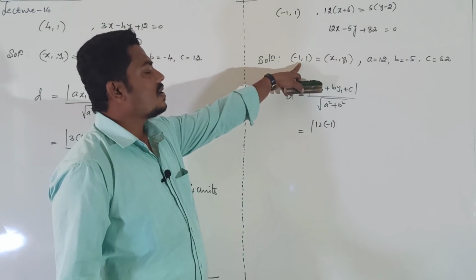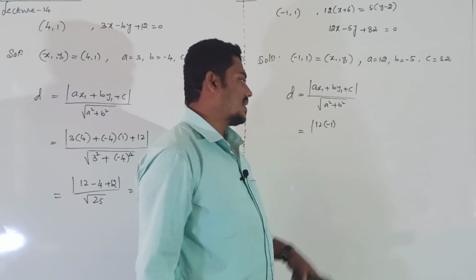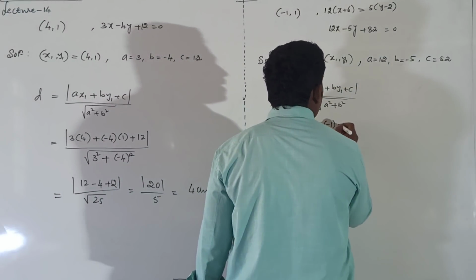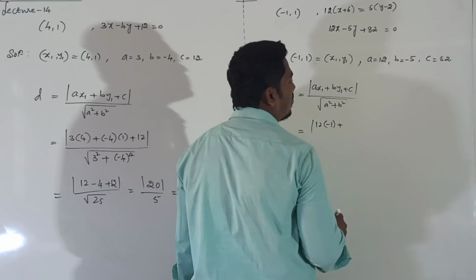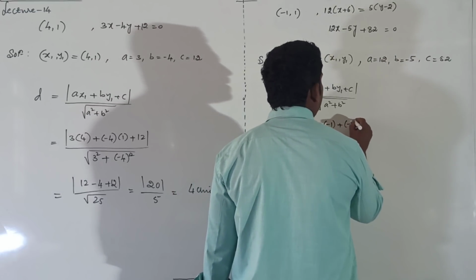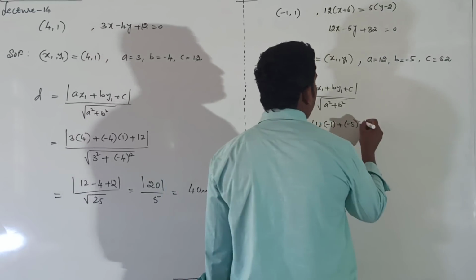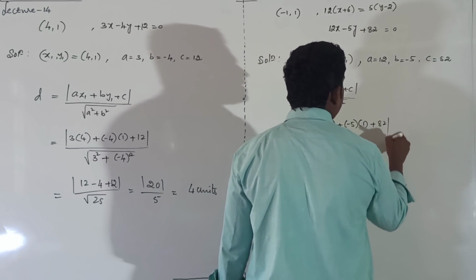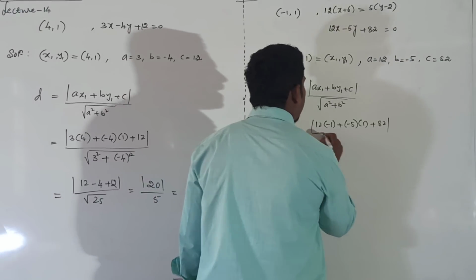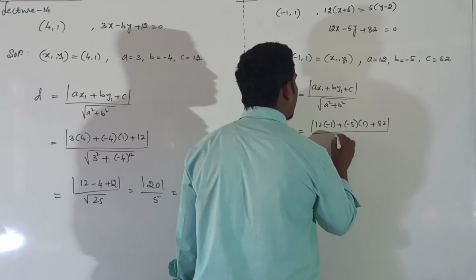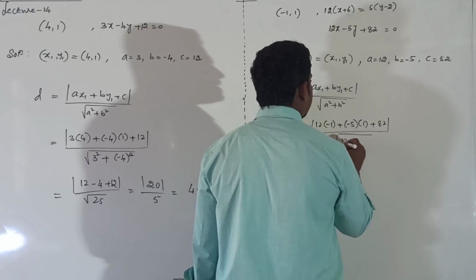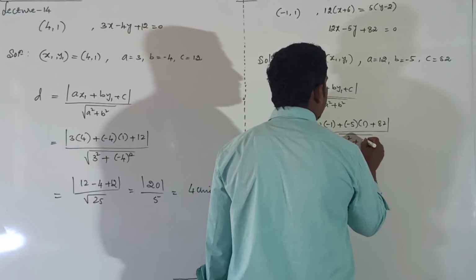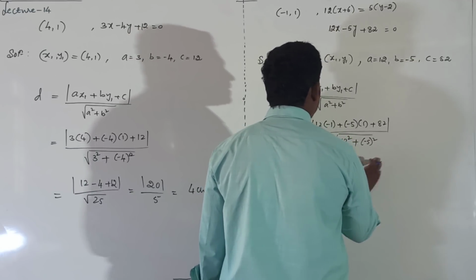This point x coordinate is x1 and y coordinate is y1, right? Plus, what is b value? Minus 5. What is y1 value? Plus 1. Plus 82, c value 82, divided by square root of a square, that is 12 whole square, plus b square, that is minus 5 whole square, right?